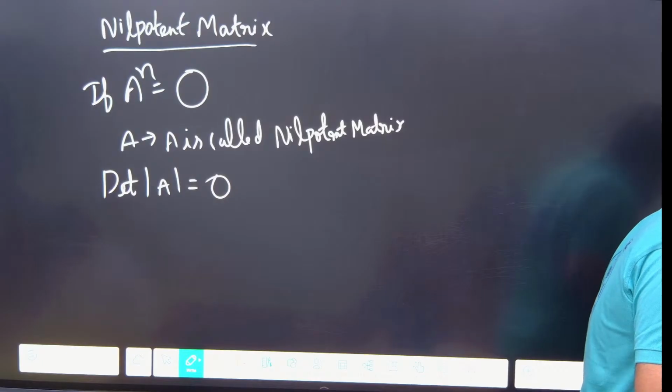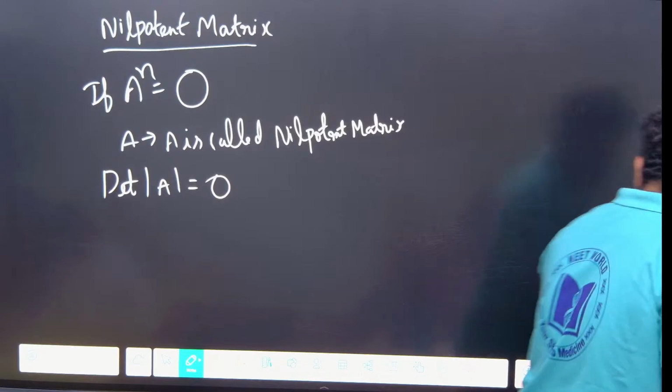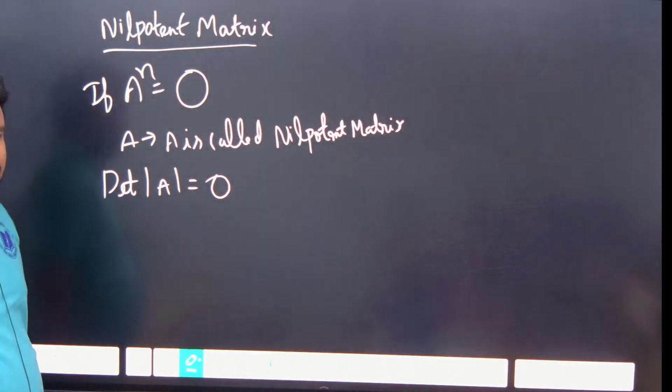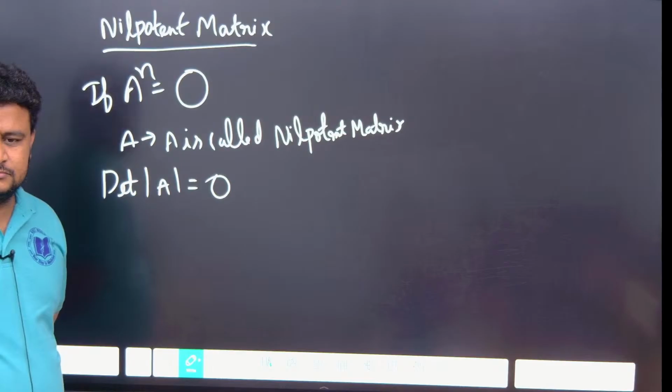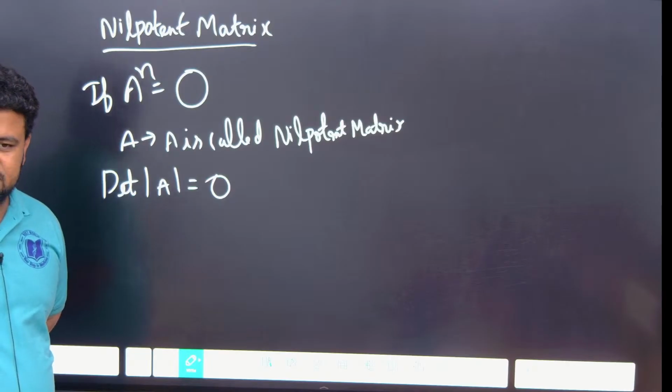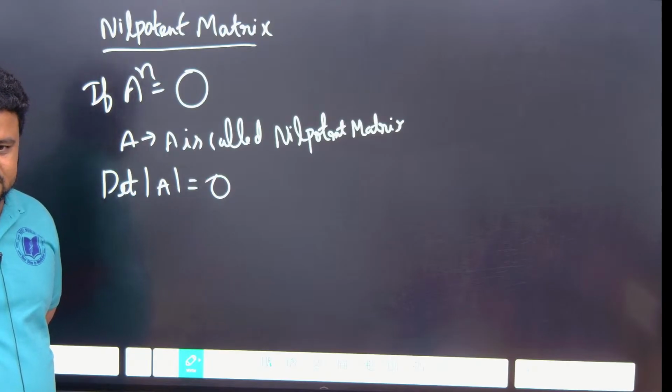Det of A will be equal to 0. So when det of A is equal to 0, that matrix is called a singular matrix. For boards, you have to remember certain things.